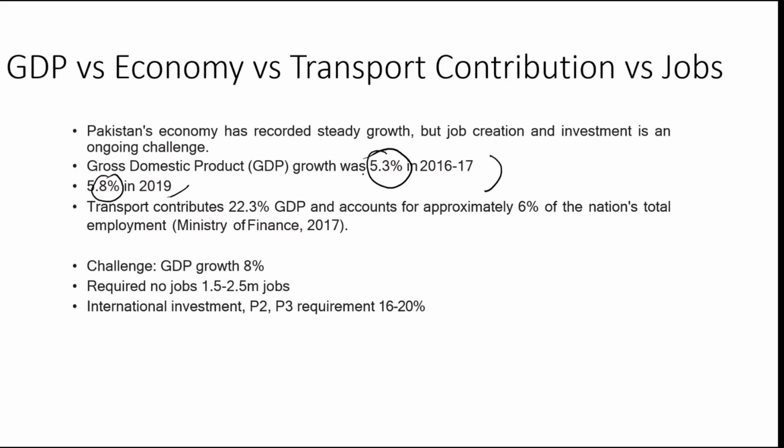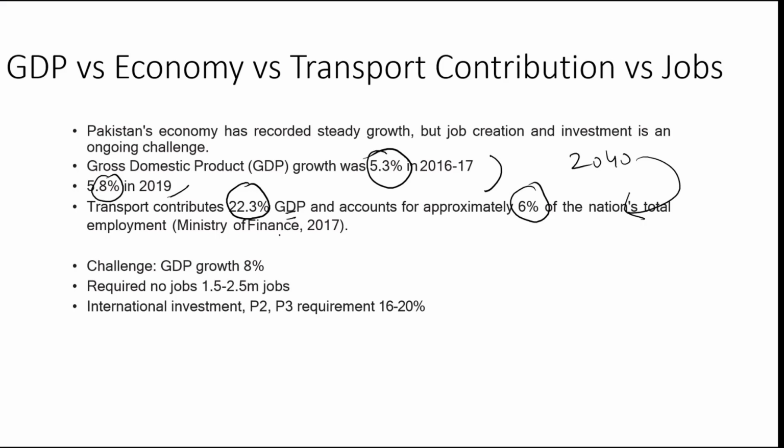We actually need such a type of long and short-term policy which can really expedite that GDP by the year 2040, and that part could also be done through transportation as well. If we look at transportation, it contributes 22.3% to the country economy, which is approximately 6% of the nation's total employment.